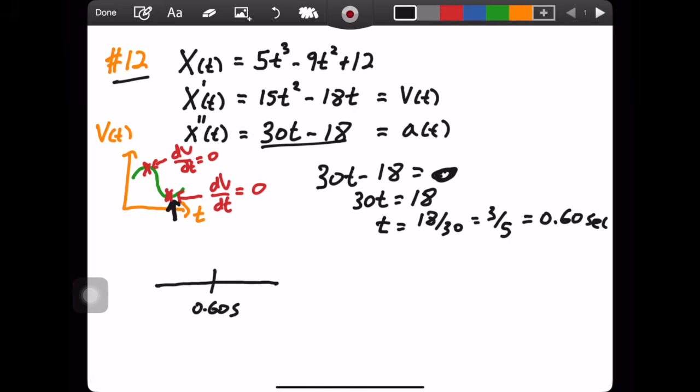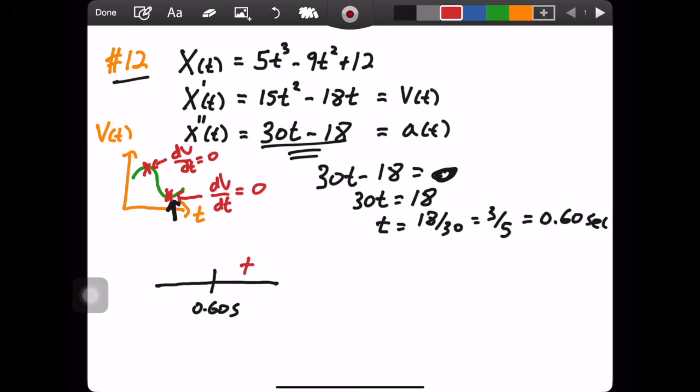What I'm going to do is think about what if I have a number slightly bigger than 0.6 seconds, and what if I have a number slightly less than 0.6 seconds? Going back to the acceleration, 30t minus 18. So let's go to the right of 0.6 seconds. So let's go 1 second. So if t equaled 1 second, you would have 30 minus 18 equals 12. And so that's positive.